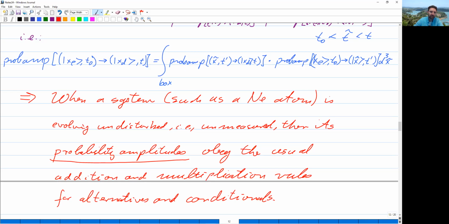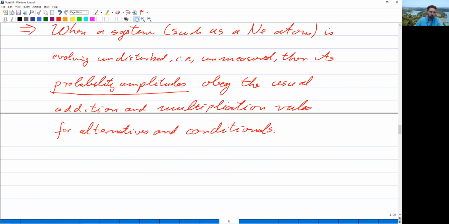And these probabilities add up. Actually, it's probability amplitudes that now add up in the form of this integral, because it's a continuum of locations. We are not adding, we are integrating. Okay, so this is crucial.